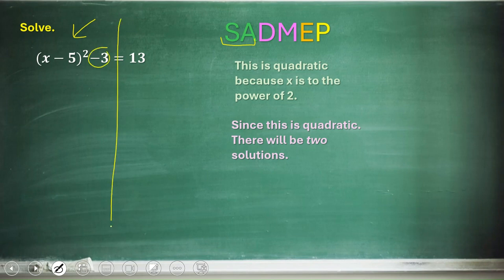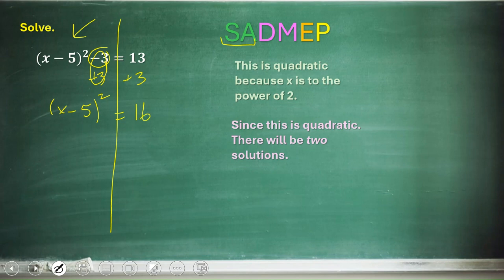I'm going to divide my equation into two sides, the left side and the right side. To get rid of this 3, I really want to turn that number into a 0. So to do that, I'm going to add 3 on both sides. When I do that, negative 3 plus 3 is 0. What's left on this side is the quantity x minus 5 squared equals 16.